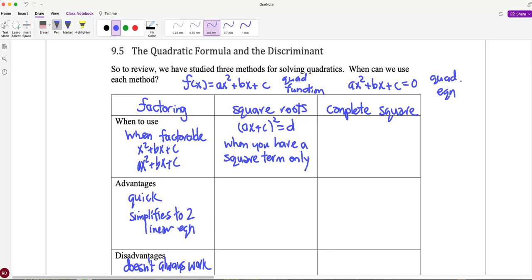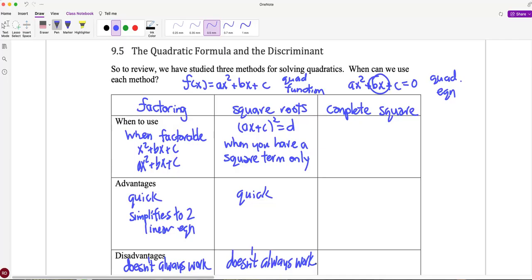So you don't have this linear term bx lying around there. The advantages are this is pretty quick to do, okay? But the disadvantage, again, this does not always work. If you've got a linear term there, then you can't take the square root of both sides.